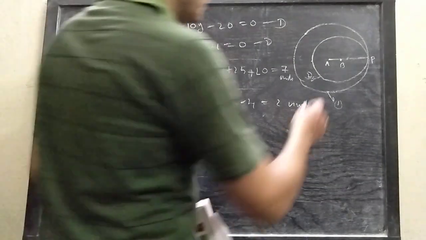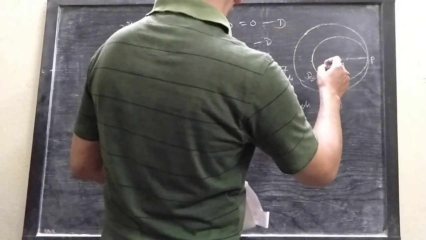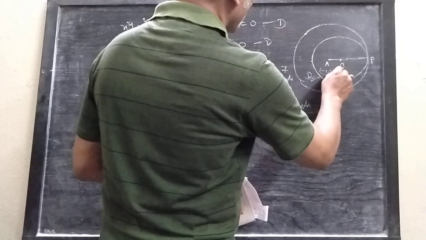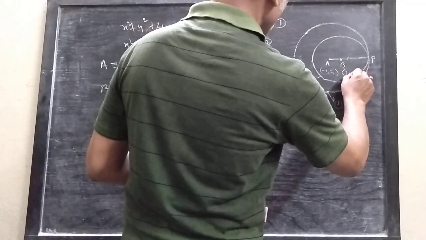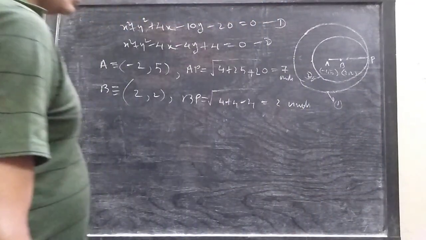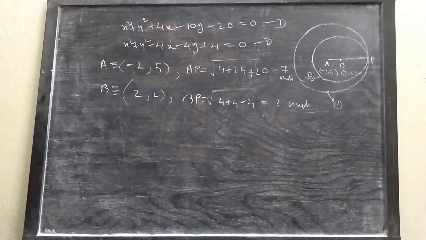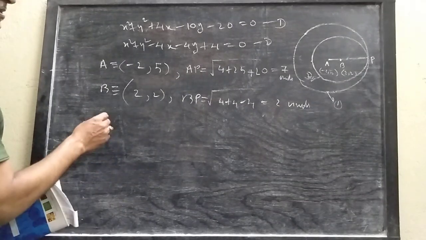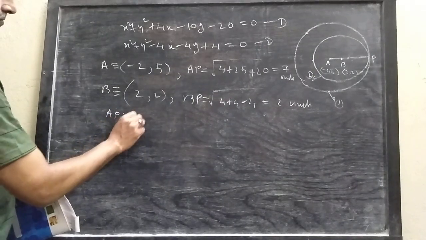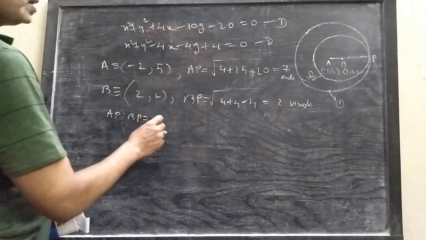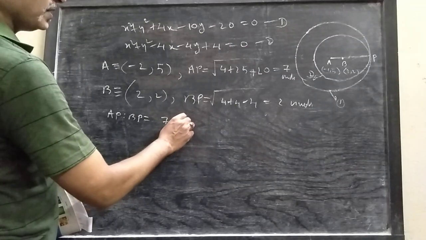Now look, you have got the coordinates of A as (-2, 5), the coordinates of B as (2, 2), and you know the length AB, you know the length BP. Now AP is to BP. AP is 7, BP is 2.